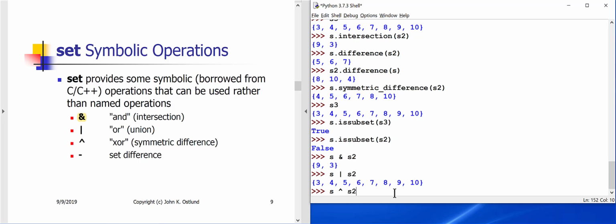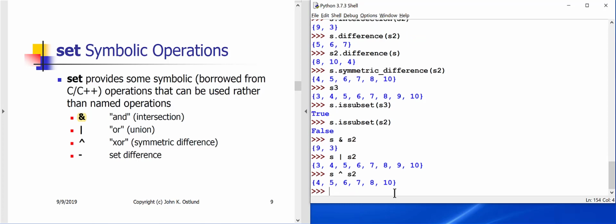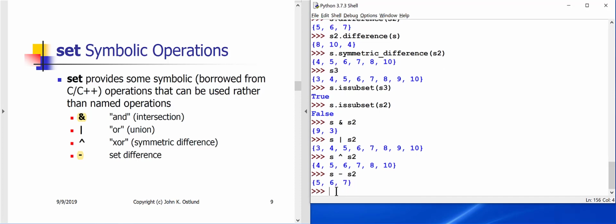All right, so the items that are in S but not S2, combined with the items that are in S2 but not S. And you can see that's the same as what we got for the symmetric difference up here. And we can use a minus sign for just plain difference. So S minus S2 is the same as S.difference(S2).